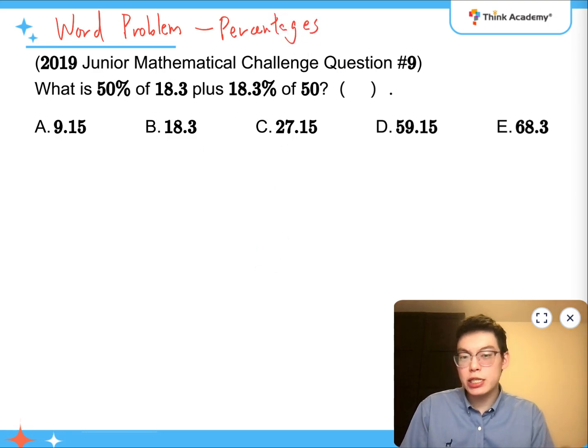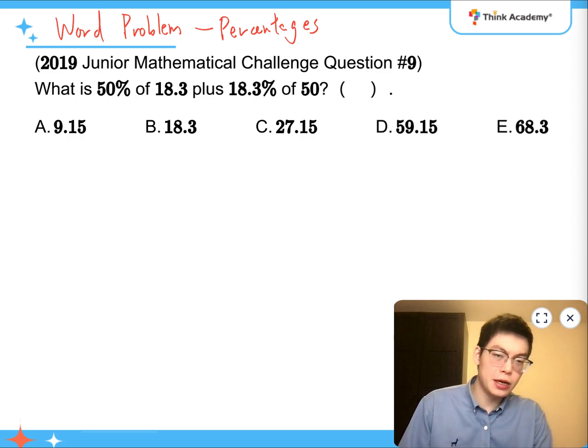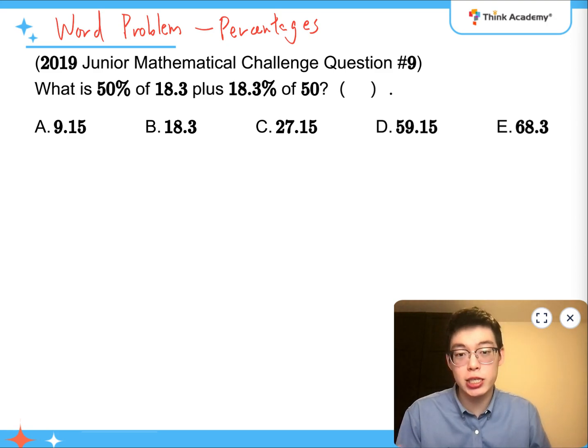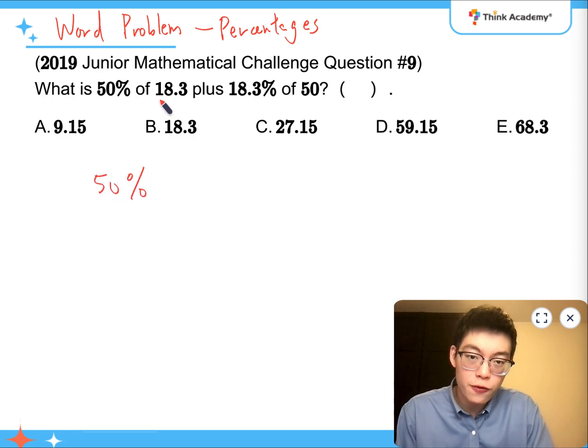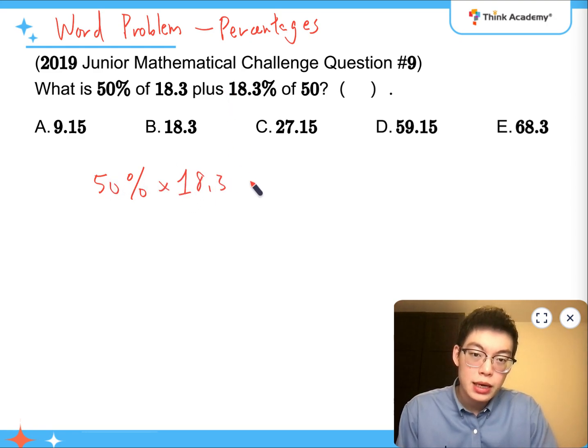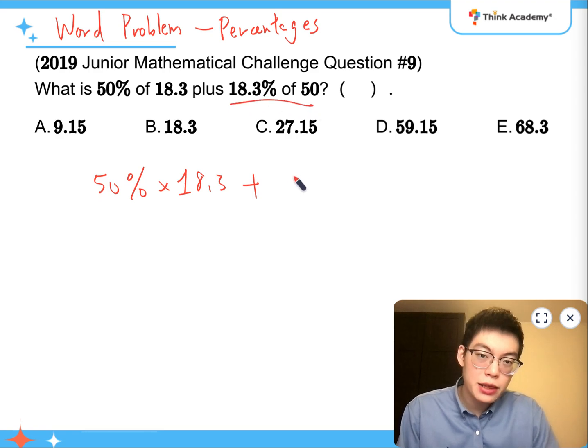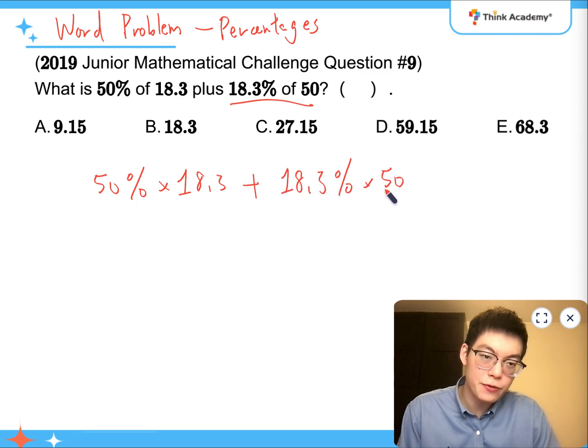We know that percentages are essentially just a fraction, right? And fractions are essentially just division. So basically 50% of 18.3 is 50% times 18.3. Adding 18.3% of 50, which means 18.3% times 50.